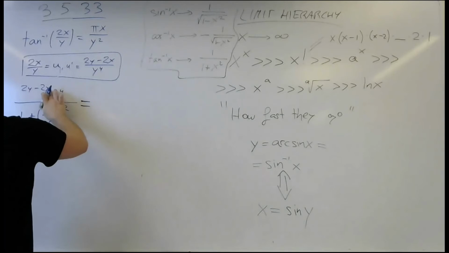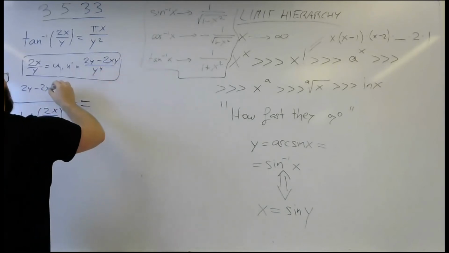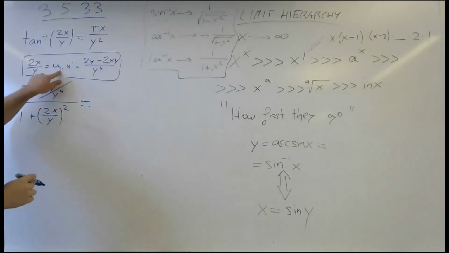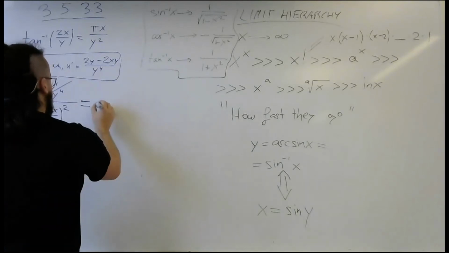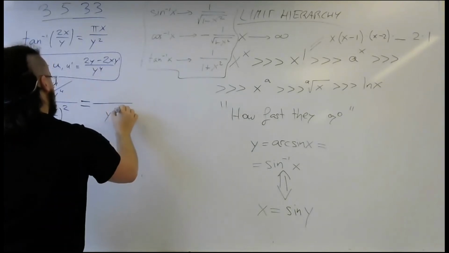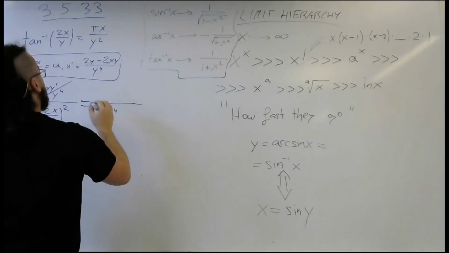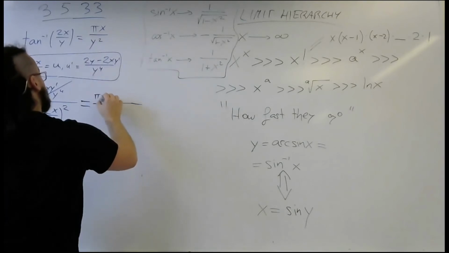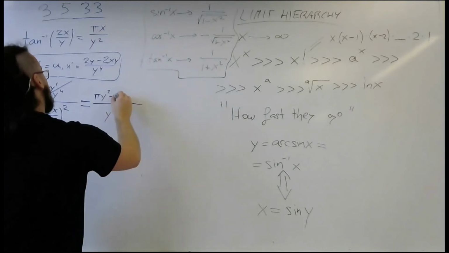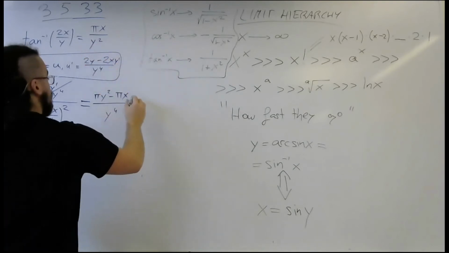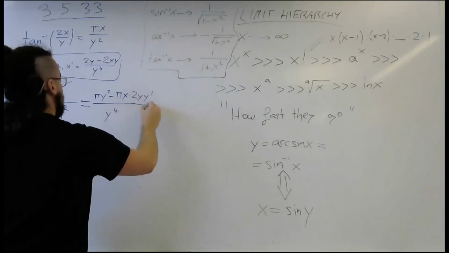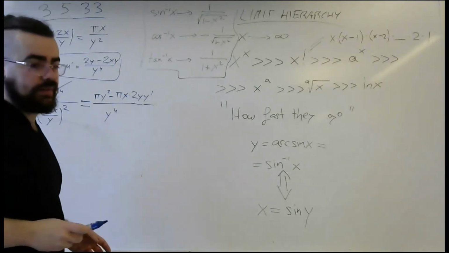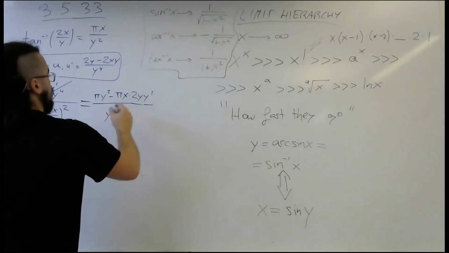No, I didn't. Much better. Now, for the other side, in the denominator we have y in power 4. And here we have pi times y squared minus pi x, derivative of y squared, which is 2y y prime. So we have this little monster over here, that is the derivative, and y4 is y squared squared.